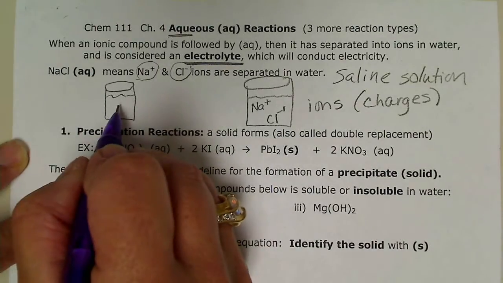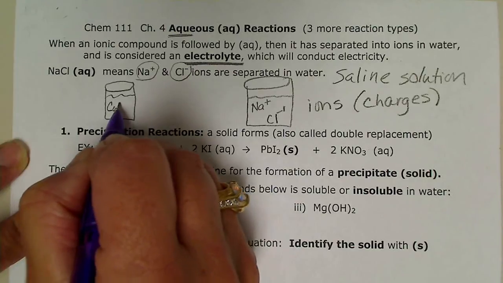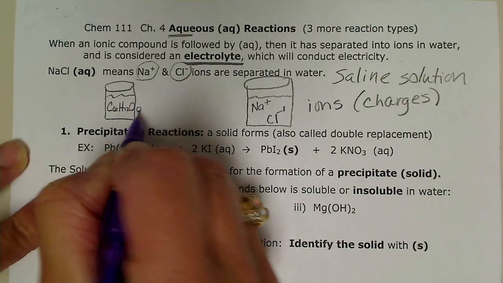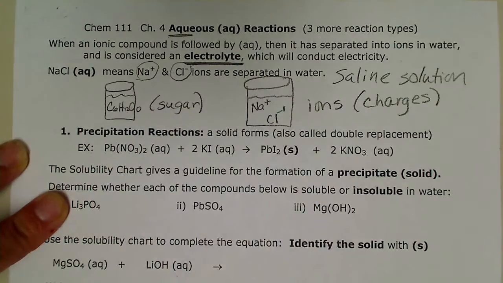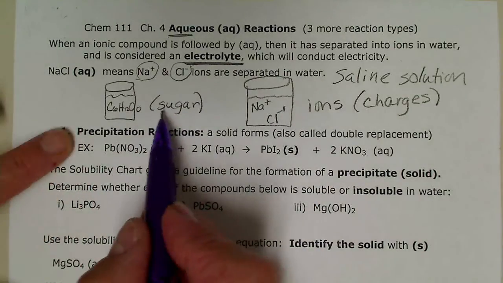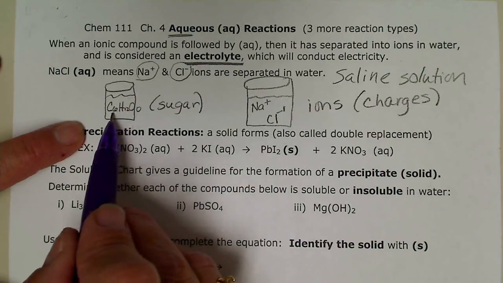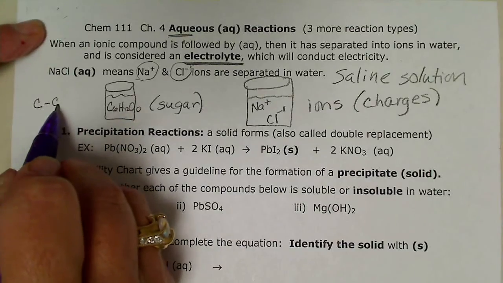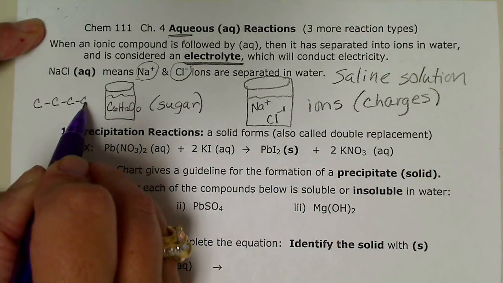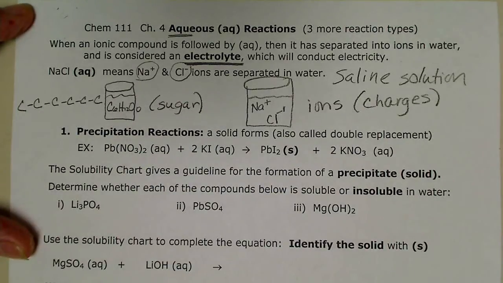Or, for example, if we have sugar in water, C6H12O6, this is not an ionic compound. So whenever we have two or more nonmetals in solution, then we have the covalent type compound where the electrons are not transferred.